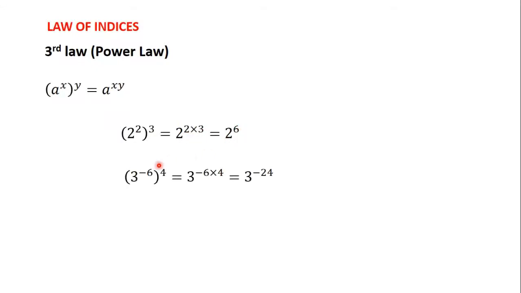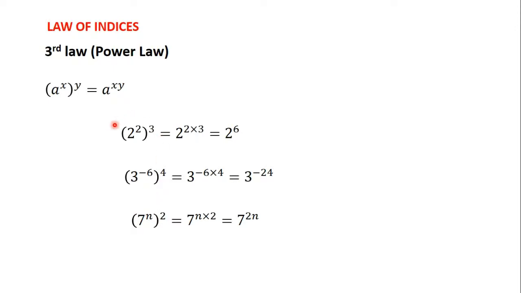If you have 3 exponent minus 6 in brackets, then another exponent 4, this is equal to 3 exponent, the 4 will multiply the minus 6, so minus 6 times 4, which will give us 3 exponent minus 24. If you have 7 exponent n, then that in brackets with another exponent 2, the 2 will multiply n.